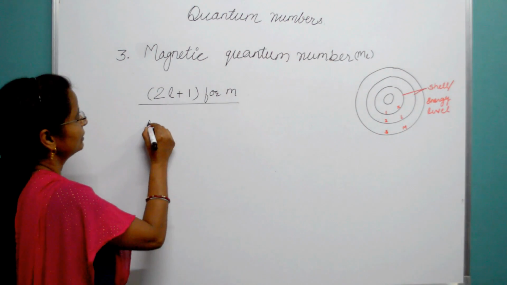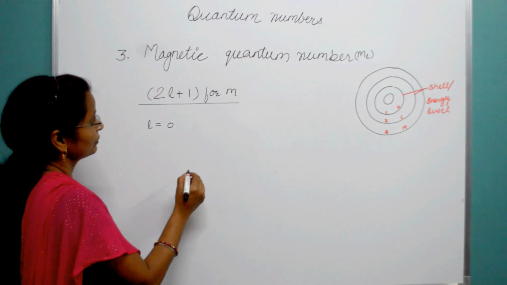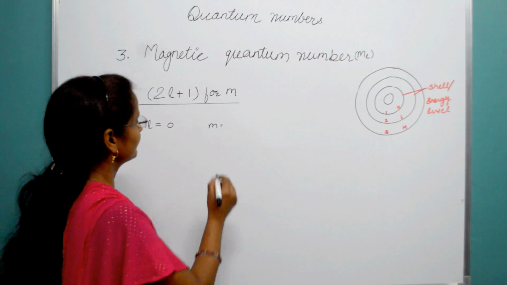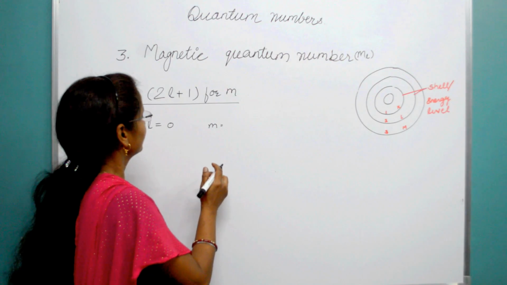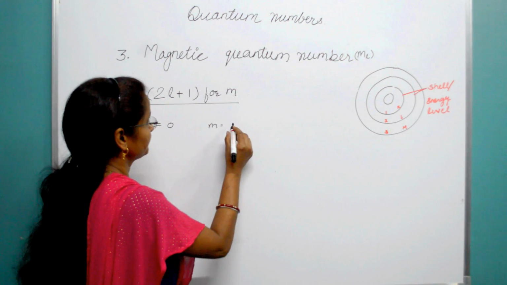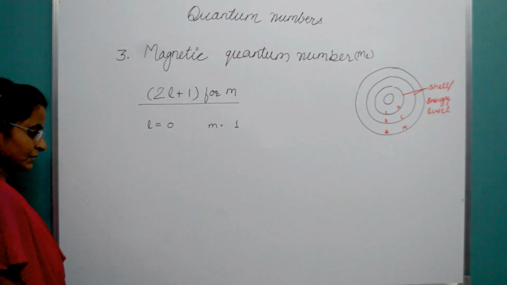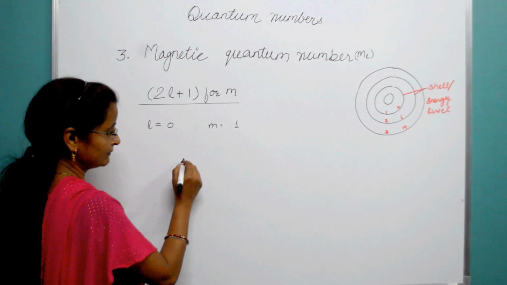If L is equal to 0, what is m? 2L plus 1 means 2 into 0 plus 1, so m is equal to 1, and the subshell has only one orbital.